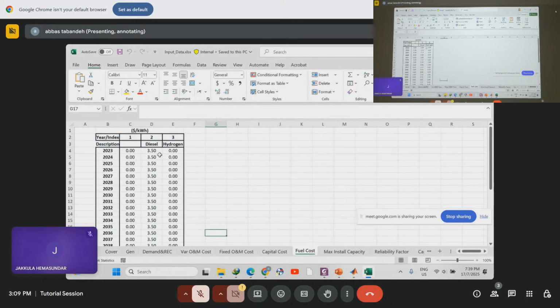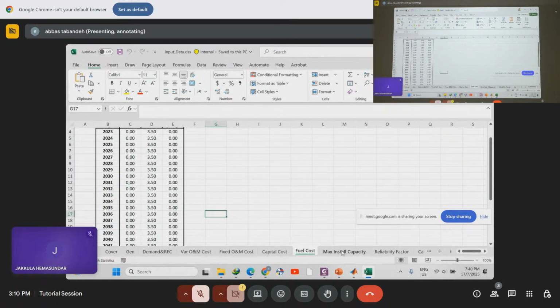The first one, which is the utility, we don't consider it. Another one is the diesel generator, and another one is hydrogen. If you would like to add hydrogen into your model, you need to give it other values to use it in your problem.